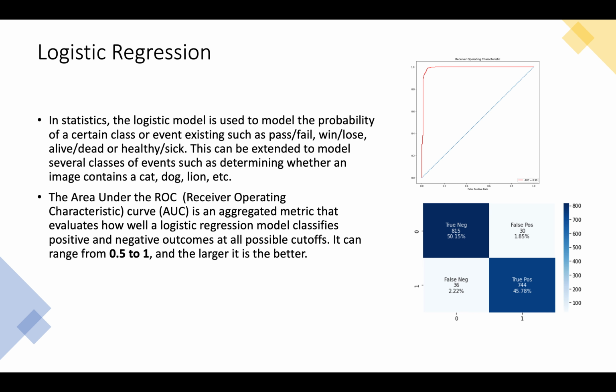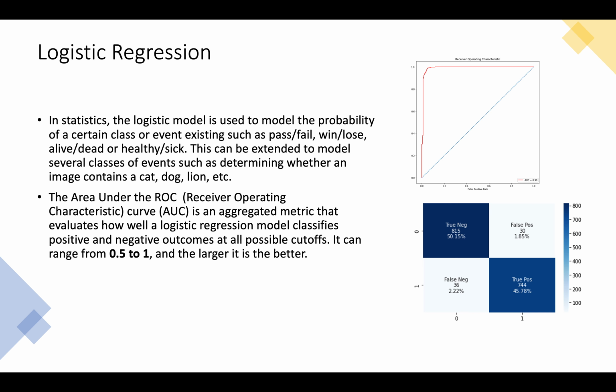In statistics, the logistic model is used to model the probability of a certain class of event existing, such as pass or fail, or win or lose, which is binary data. So it's very suitable for our case, since we are going to classify the mushroom as being poisonous or edible. The AUC for this model is 0.99, which is pretty high.